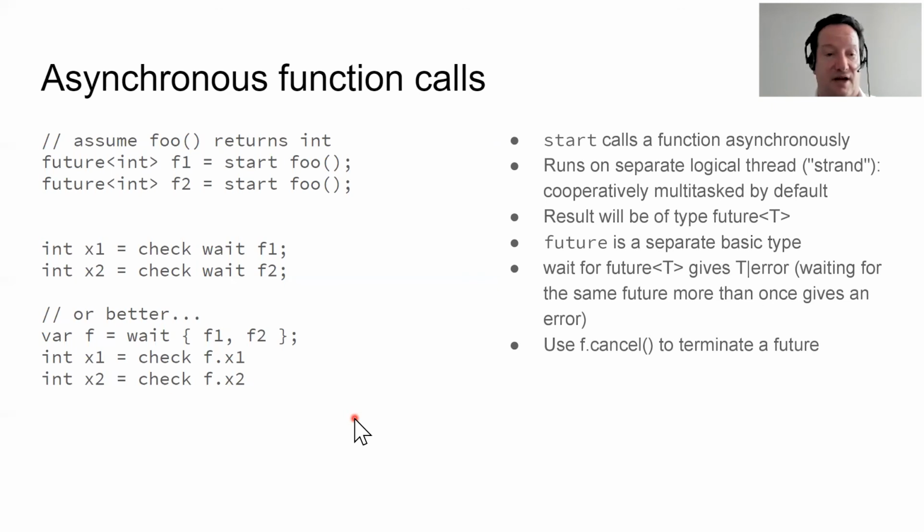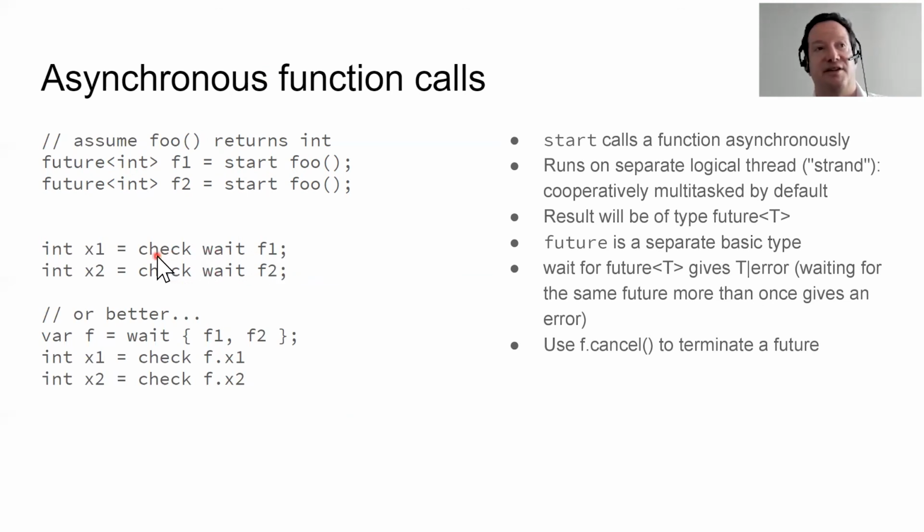We also have asynchronous function calls. So you can use start, which means call this function, but don't wait for it to return. You'll get a value of type future. Again, future is another basic type. And you can then wait for it.